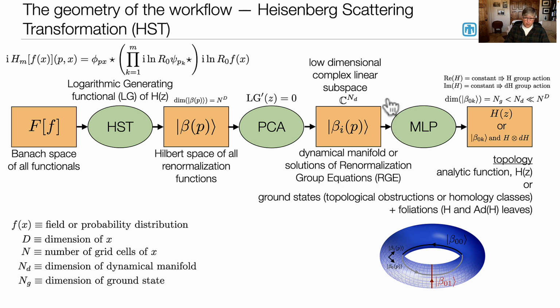We're going to have, let's say, 7 numbers coming in here, and we're going to use this multi-layer perceptron neural network, which is a universal function approximator, to approximate this analytic function.